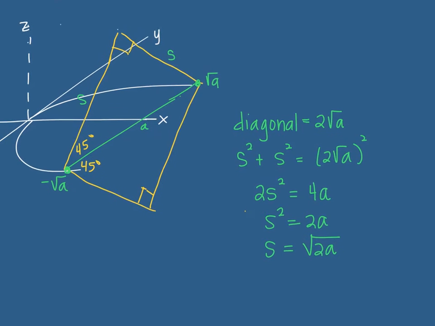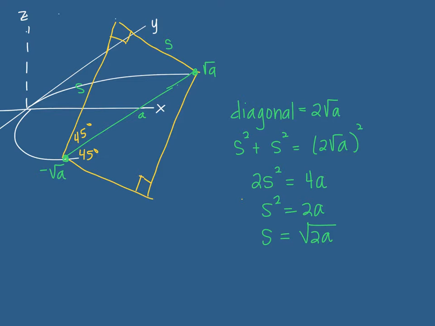All sides of the square have a length of rad 2A. So then I can find the area. The area would be, in a square, rad 2A quantity squared, which is 2A.